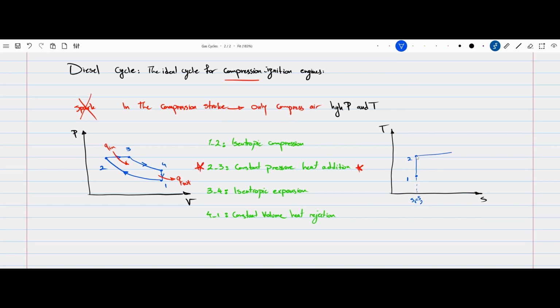Then we have a constant pressure process from 2 to 3. Then we have an isentropic expansion 3 to 4. And then we have a constant volume heat rejection 4 to 1. So keep in mind that S3 is equal to S4. Putting the arrows so that we know where the cycle moves.